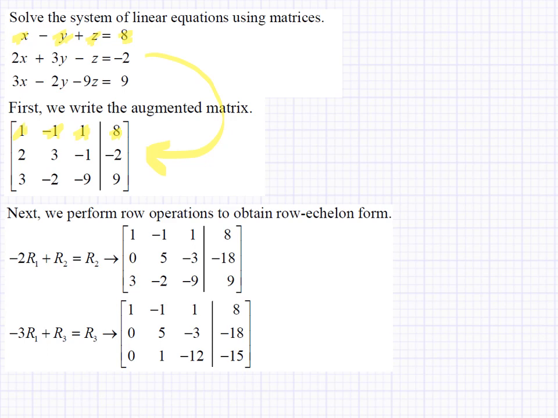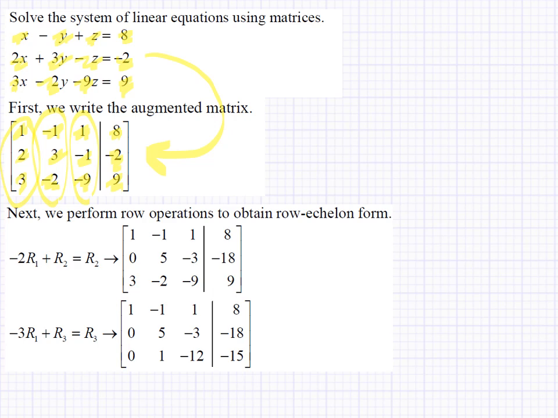Then 2x plus 3y minus 1z, so 2, 3, negative 1, equals negative 2. And then finally 3x, so 3, minus 2y, so minus 2, minus 9z, minus 9, and 9 on the other side. So there's your augmented matrix. First column represents x, second column represents y, third column represents z.